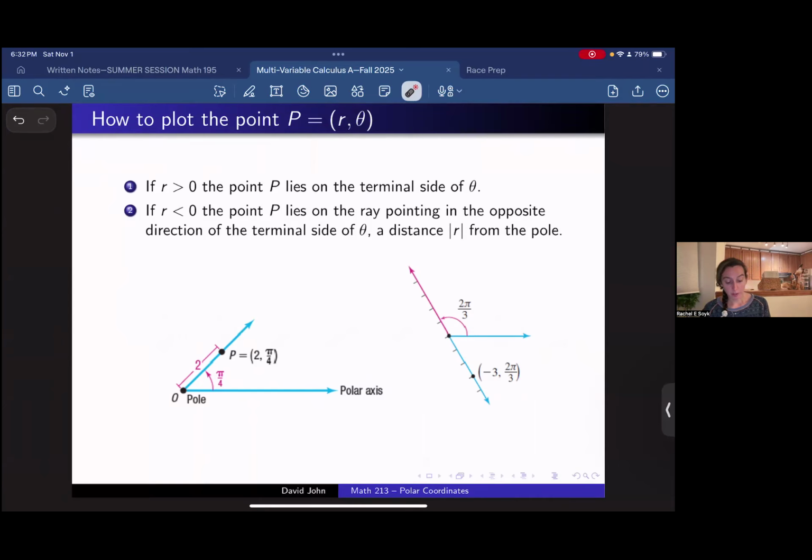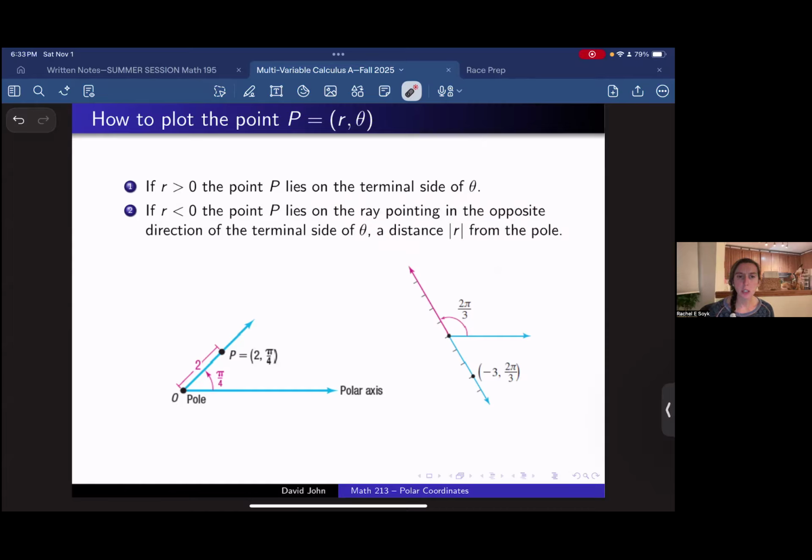And so if our R is positive, then our point P lies on our terminal side of theta. But if it's negative, then it lies on the ray pointing in the opposite direction. But again, anytime we're asked what the radius is, whether R is positive or negative, our radius is always the absolute value of R because, again, distance is always positive.